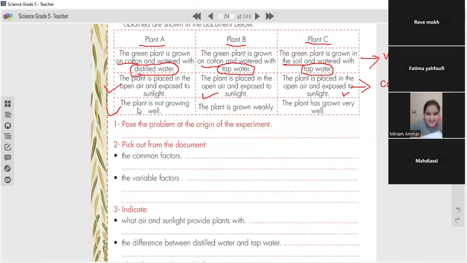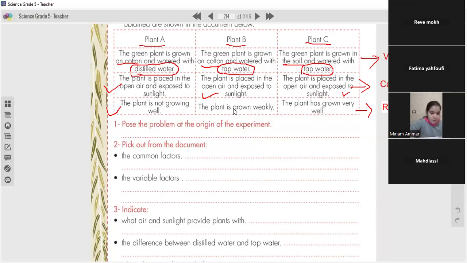The plant is not growing well. So this is the result. You have to know, the last row of the table is about the result. So what happens to plant A is that it did not grow well.